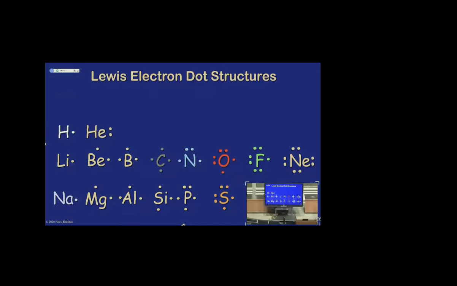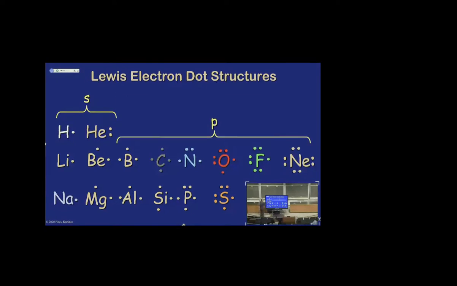We call those the valence electrons. The outermost principal quantum level is usually what we're describing there. So here, the outermost principal quantum level is the S. There, it's the S and P together. And we talk about valence electrons, the outer shell electrons. They're the electrons that do the chemistry.